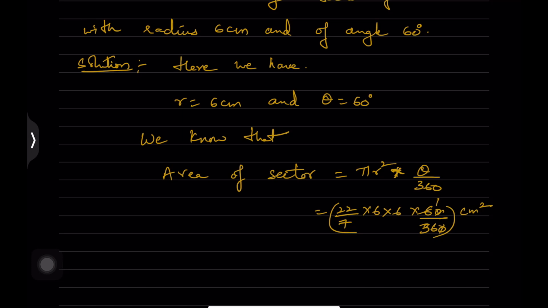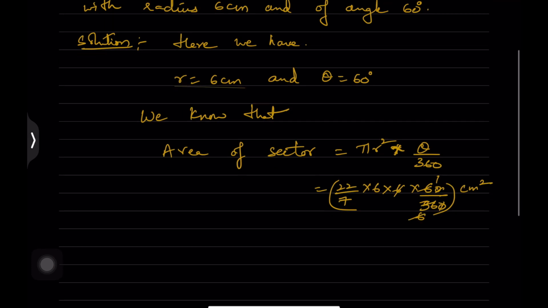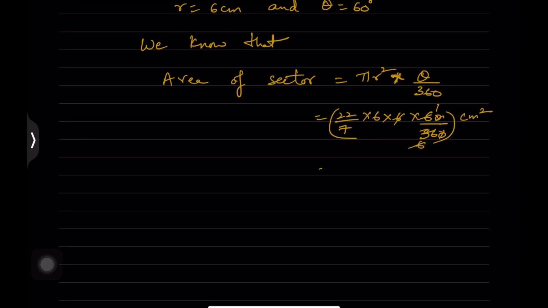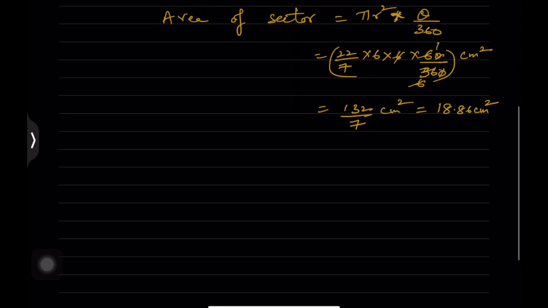So 6 ones are 6, 6 sixes are 36, 6 will get cancelled here. So this is equal to 132 by 7 centimeter square, or it is equal to 18.86 centimeter square.